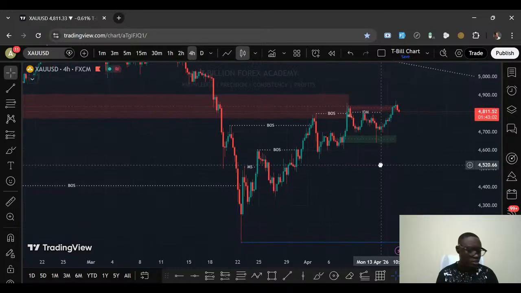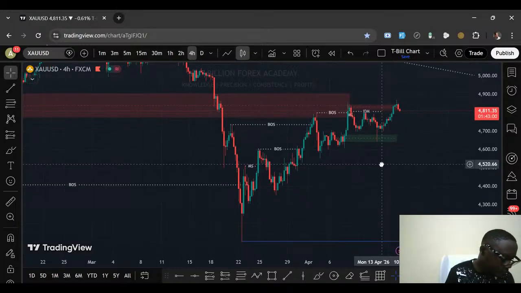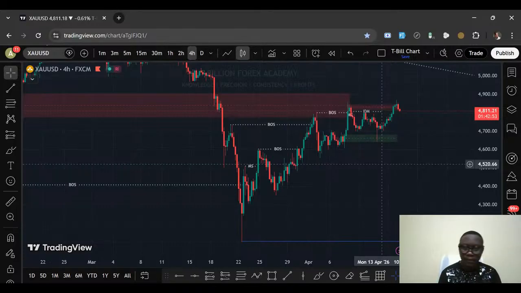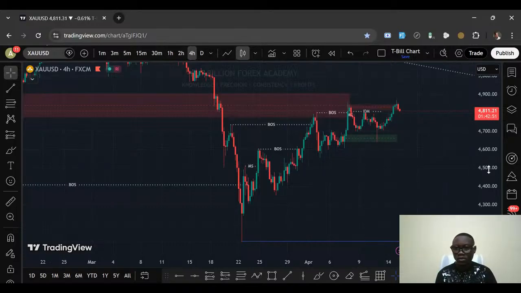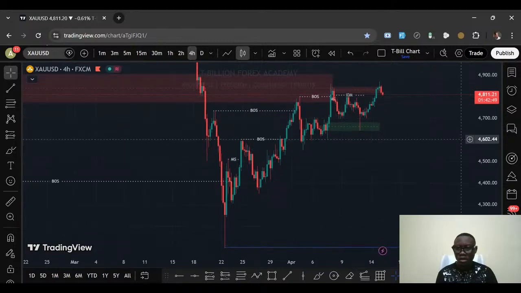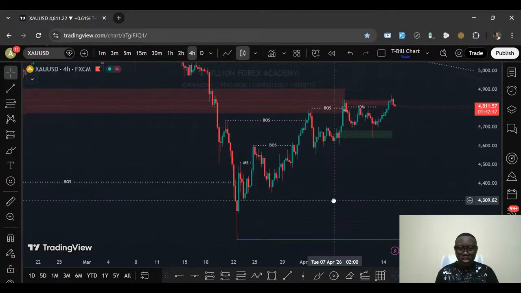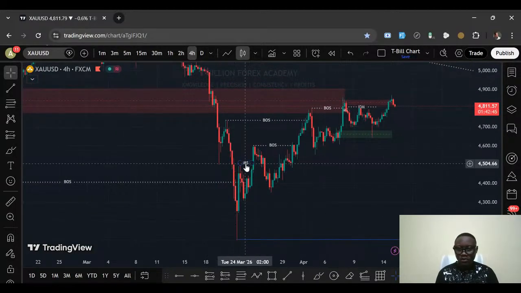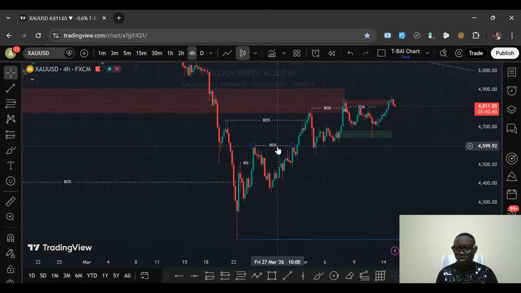If you look at this on the 4H time frame, we got this market shift right here, and we got this break of structure.